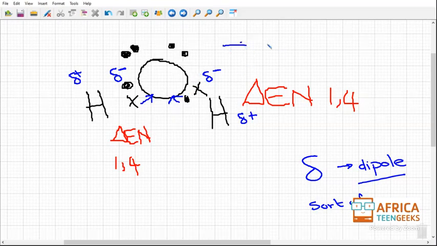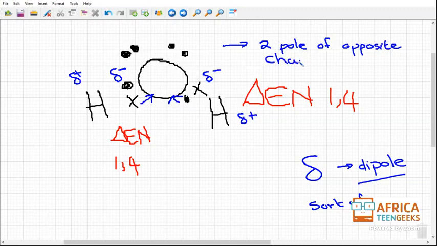So I have 2 poles of opposite charge. And yesterday we said that is the definition of a dipole molecule.